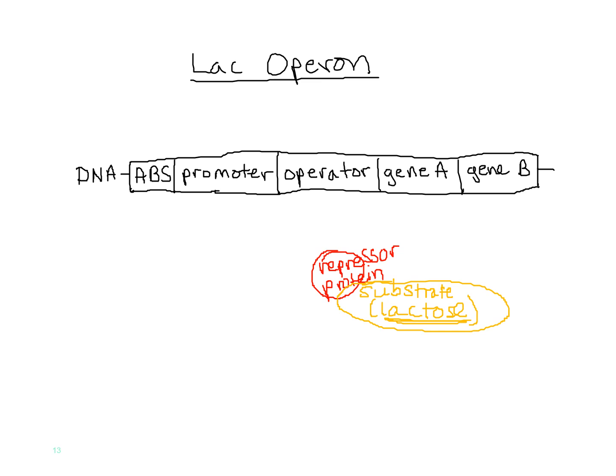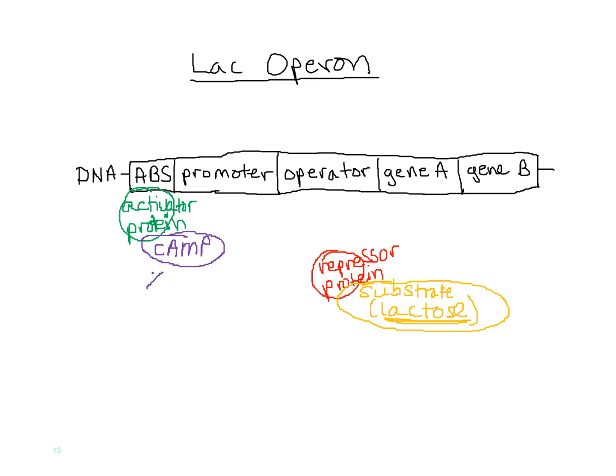So we're going to use cyclic AMP, which is a cell messenger inside the cell, which actually increases when there's no glucose.